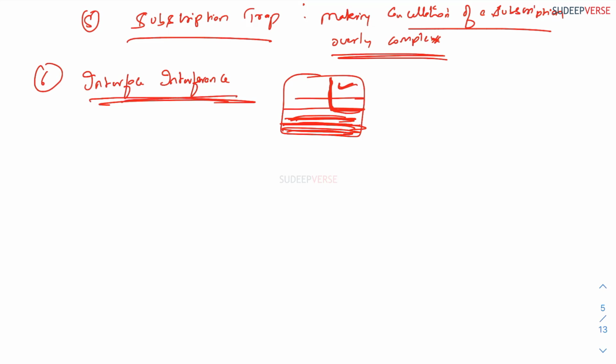So basically interface interference is, you are going to emphasize some parts of the web page and you are going to blur, or obscure, some part of the web page.